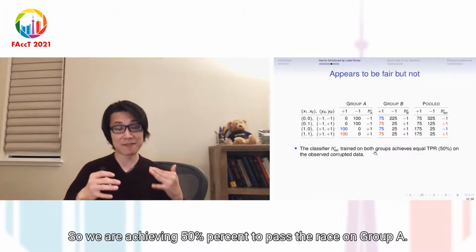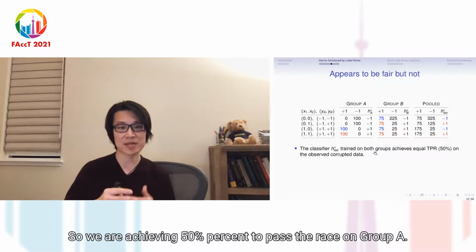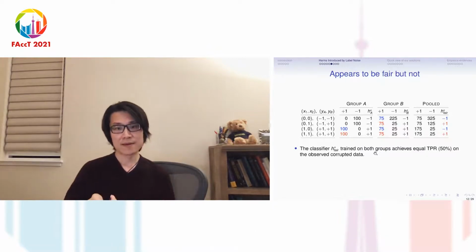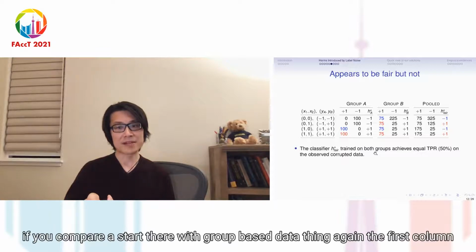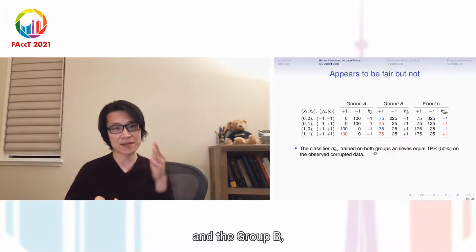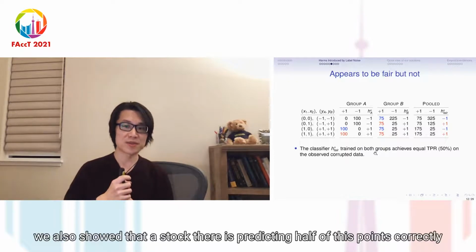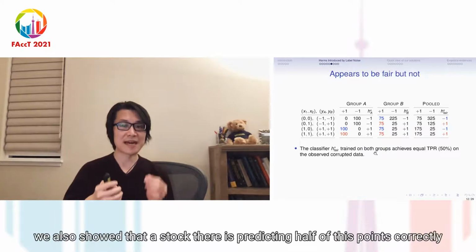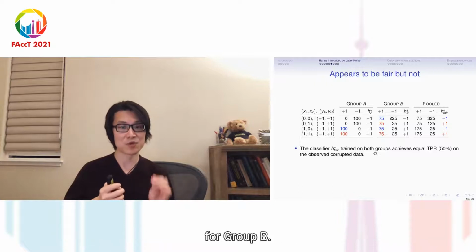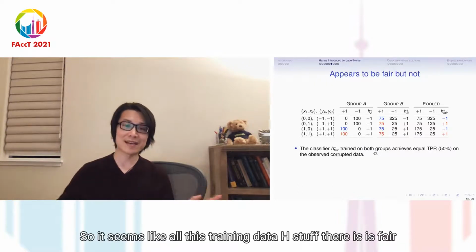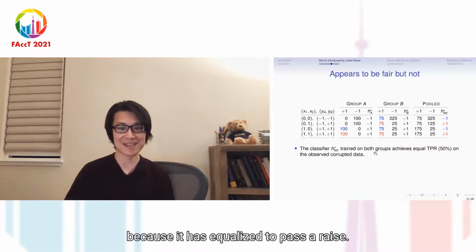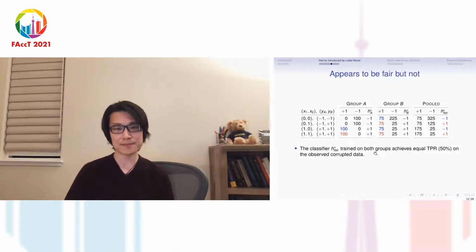So we are achieving a 50% true positive rate on group A. Also, if you compare h* fair with group B's data, again the first column under group B, we also see that h* fair is predicting half of these points correctly for group B. So it seems like on this training data, h* fair is fair because it has equalized true positive rates.